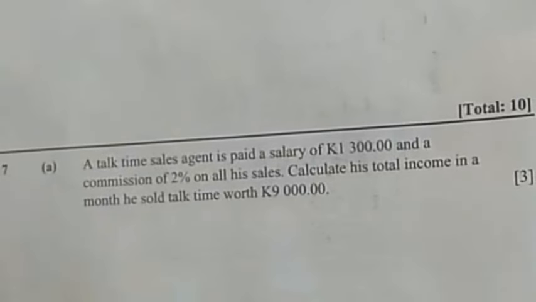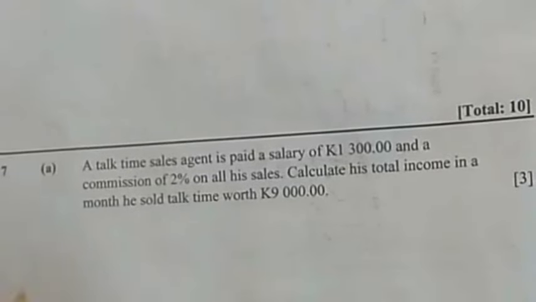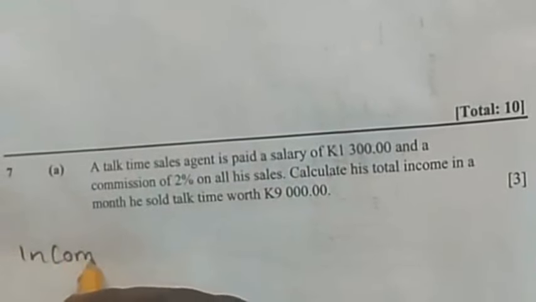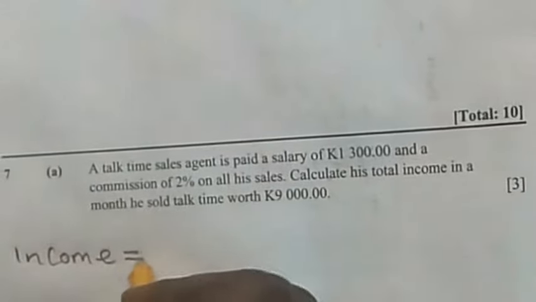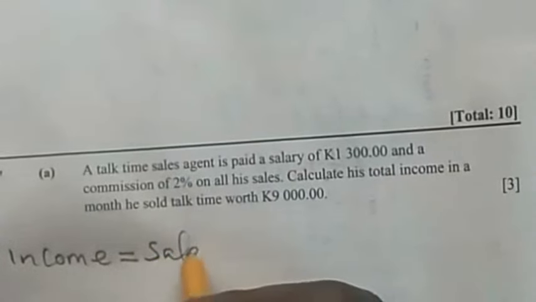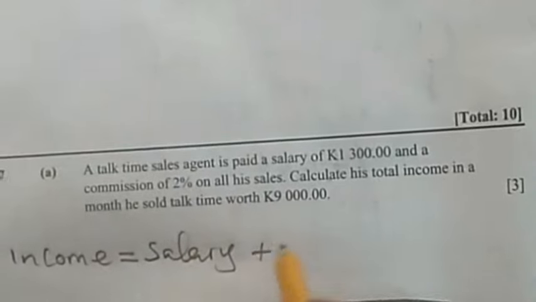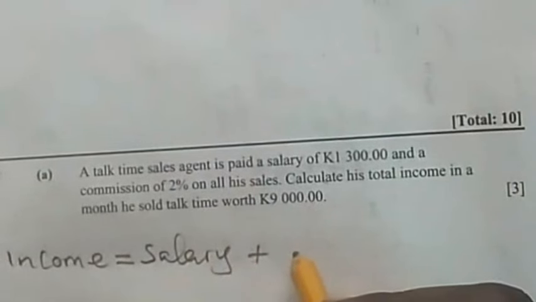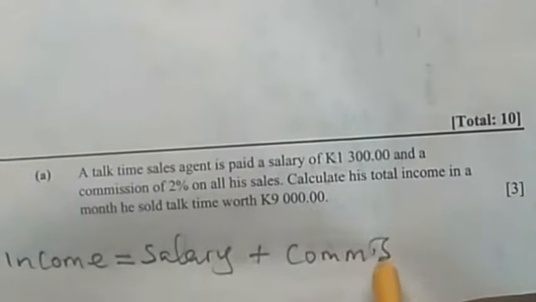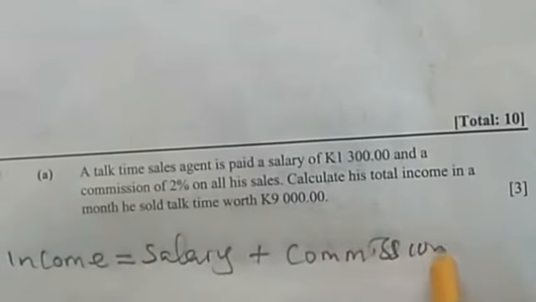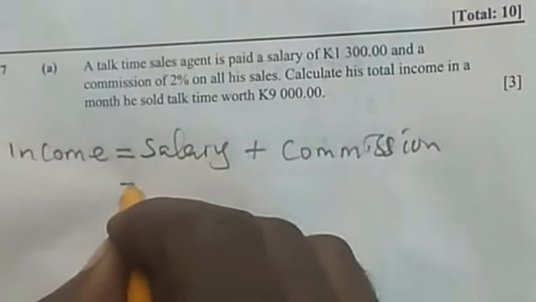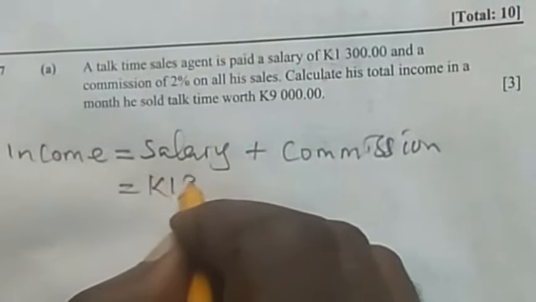So to find the total income, the income for that month for this talk time sales agent is going to be salary plus commission. Okay, so what was his salary? We are told his salary was 1,300.